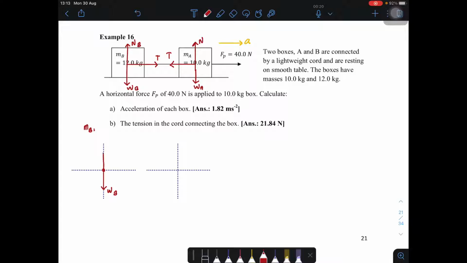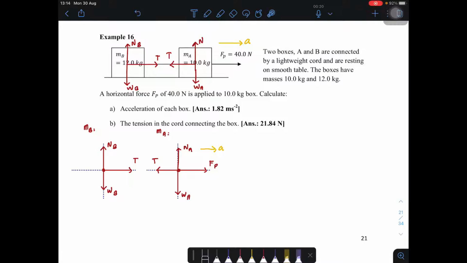So for mass B, upward is the normal force, and this one is T. Same for this one, MA: going to the right is FP, going downward is WA, this one NA, and to the left it will be T. And then the acceleration is going to the right.